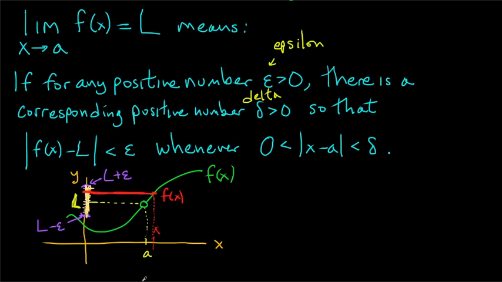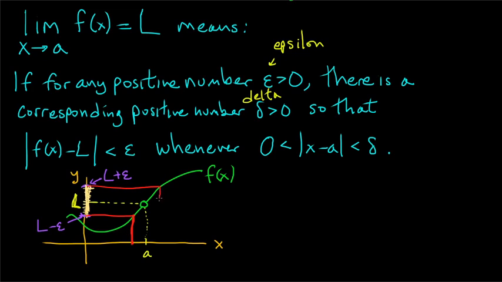So what we need is x to be close enough to A, so that f of x is within epsilon of L, of the limit. Here's L minus epsilon. If I go straight across and then straight down, and I take L plus epsilon, I go straight across and then straight down.